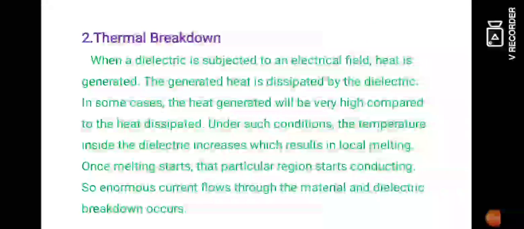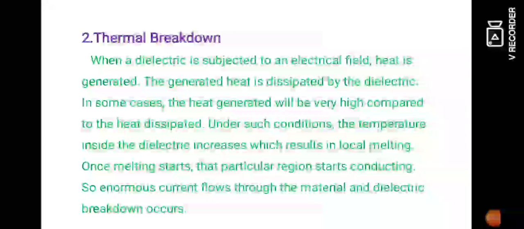The second breakdown is thermal breakdown. Thermal means heat. When a dielectric is subjected to an electrical field, heat is generated. It is usual. The generated heat is dissipated by the dielectric. But in some cases, the heat generated will be very high compared to the heat dissipated. Dissipation means the heat will be emitted in any way from the material to the surroundings.